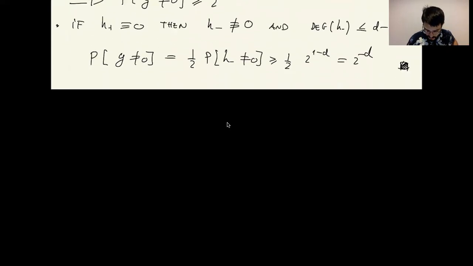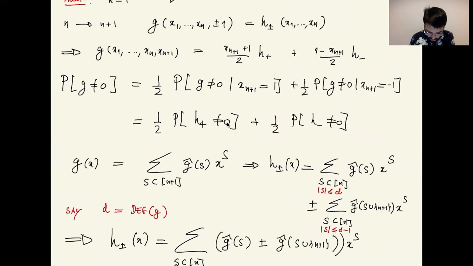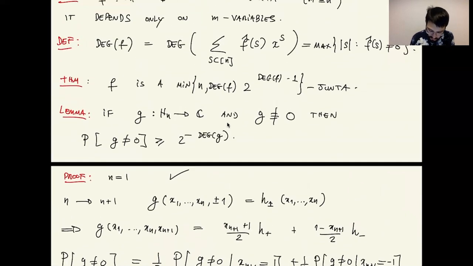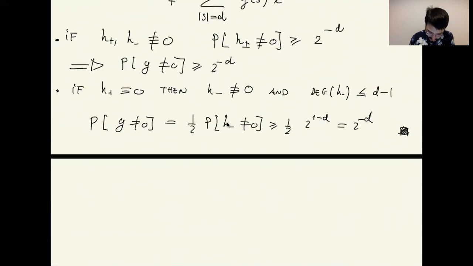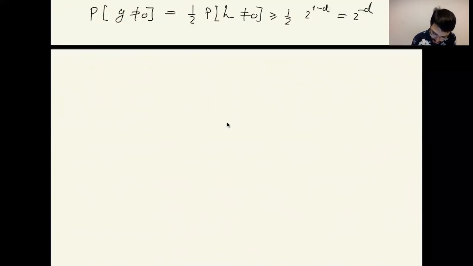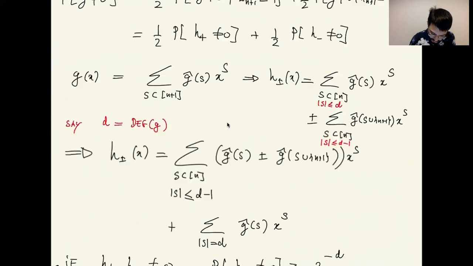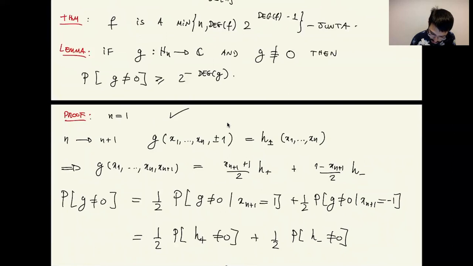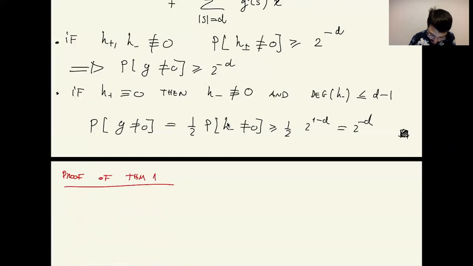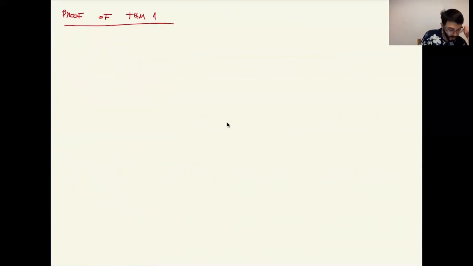So now we can go back to the proof of the result. So let's prove the theorem. The proof of the theorem is saying that this guy is always adjunta. So let's prove that. Let me give a name to that theorem, say Theorem One. The proof of Theorem One. And how can we prove that?